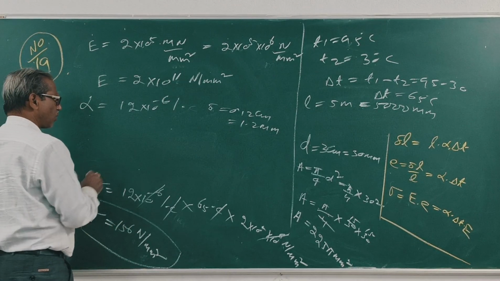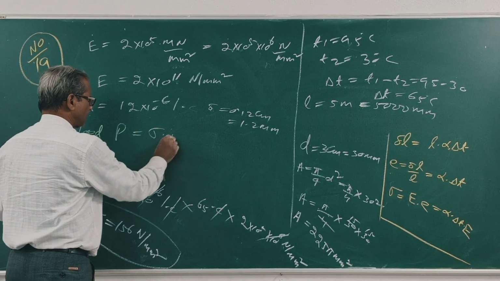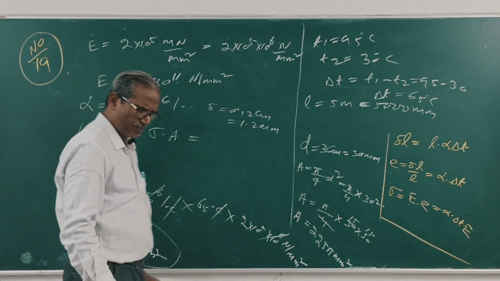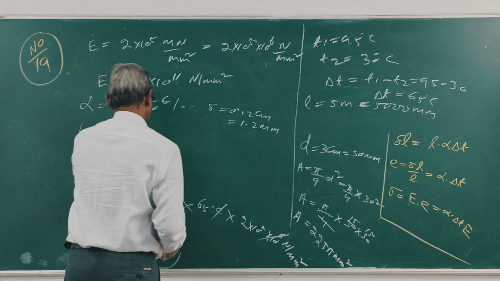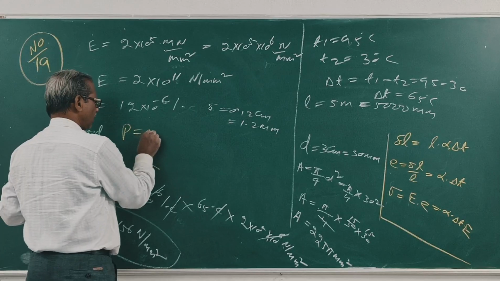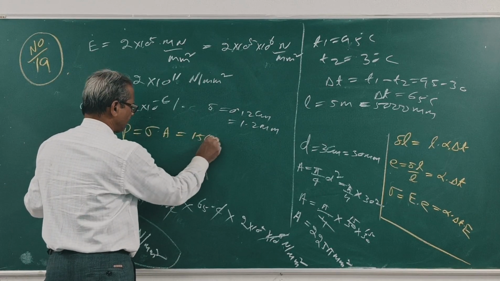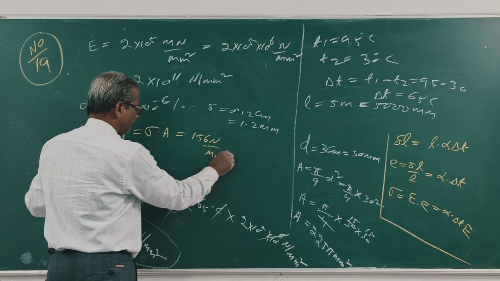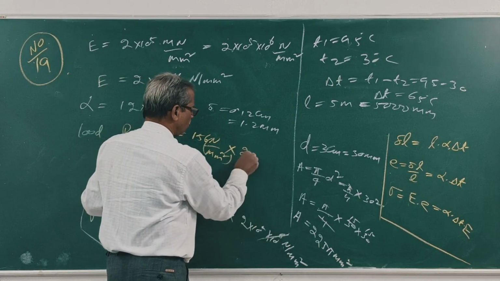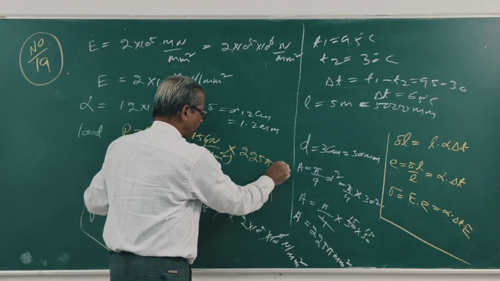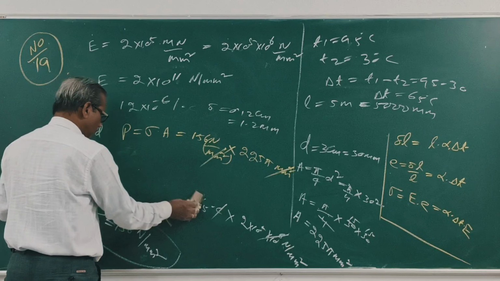Now load P is equal to stress into area. What is stress? 156 Newton per mm square. Area is 225 pi mm square. Mm square cancels out, this is Newton.